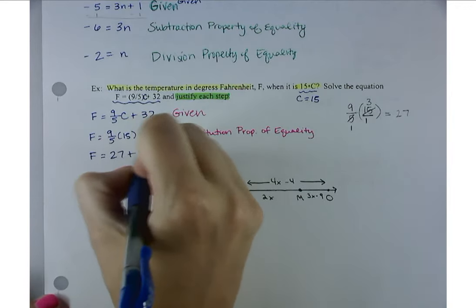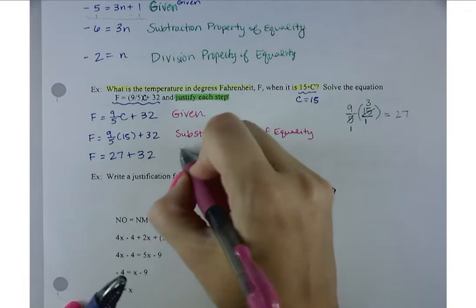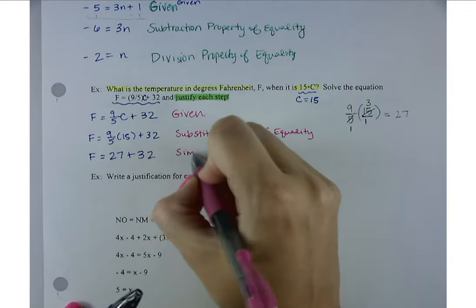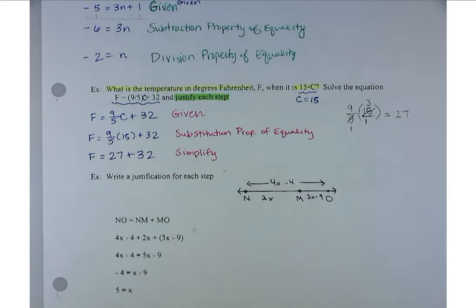27 plus 32. Now, your reason for this is going to just be simplify. Can anybody tell me why it would not be multiplication? Yeah, Dan? Okay, good. You only use the multiplication property of equality if you're multiplying both sides. We're just simplifying here by multiplying those two together.